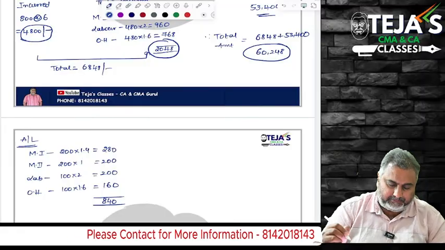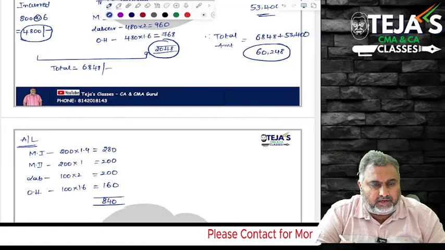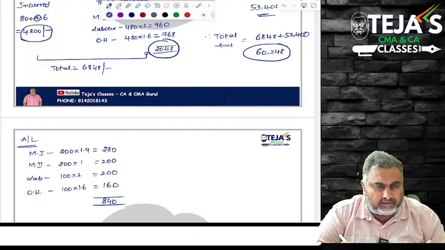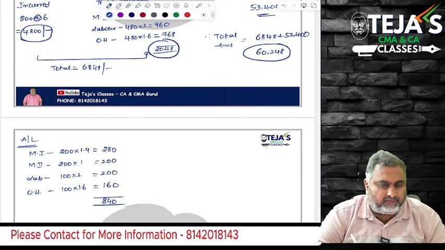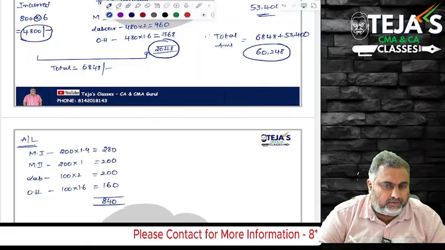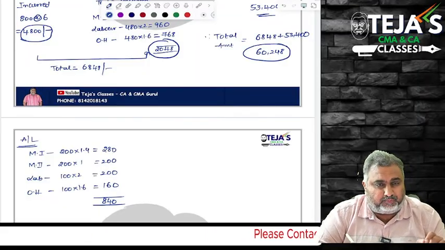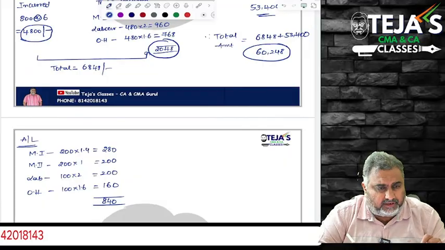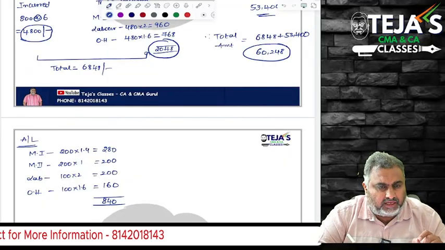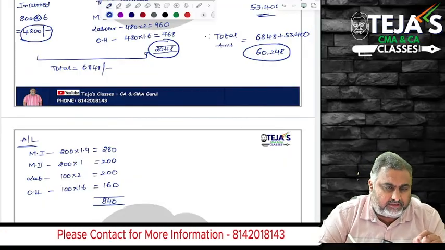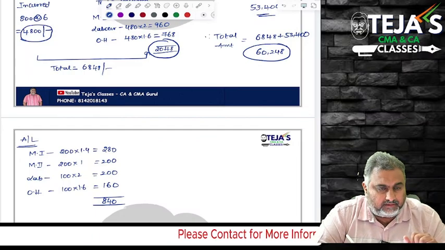840 rupees. But normally what we will do, abnormal loss also is multiplied with cost per unit, but here we have degree of completion. That's the reason we are calculating cost per unit like this. Suppose degree of completion is not given in the question, then we take abnormal loss 200 units into 6 rupees. Got it?